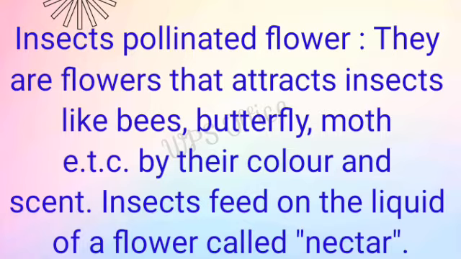There are flowers that attract insects like bees, butterfly, moth, etc. They attract insects by their color and scent. Insects feed on the liquid of a flower called nectar. I'll come again, nectar. So take note of that.